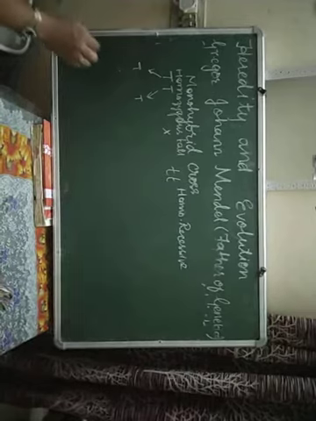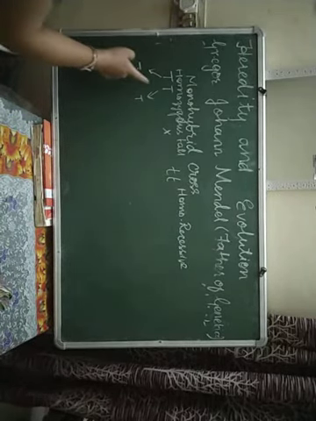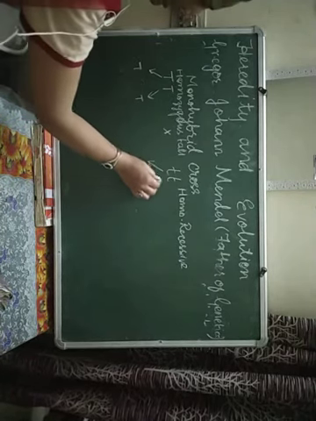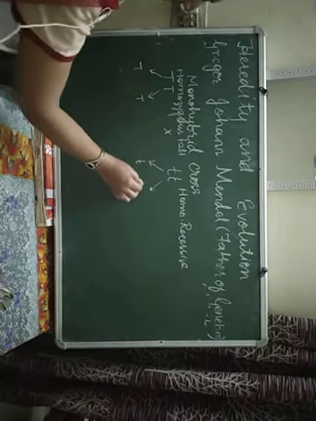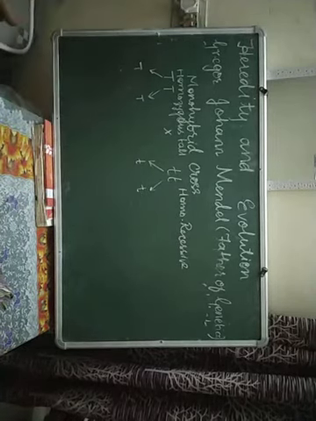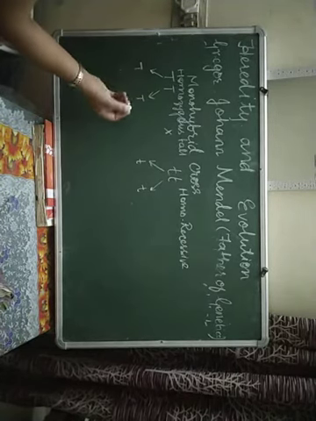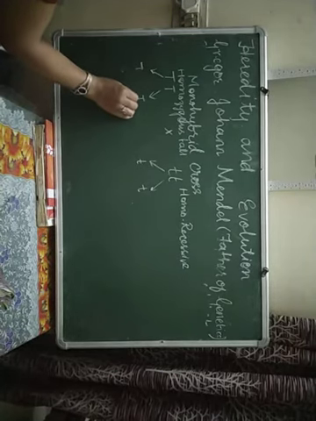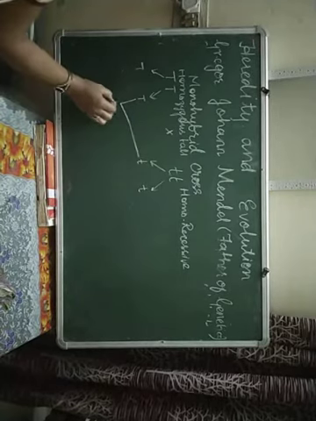During gamete formation, as I told you, the principle of law of segregation was given. The gametes separate from each other; the two contrasting pairs separate from each other. Now the third law that we discussed was the law of independent assortment. So this gamete can fuse with this gamete independently.